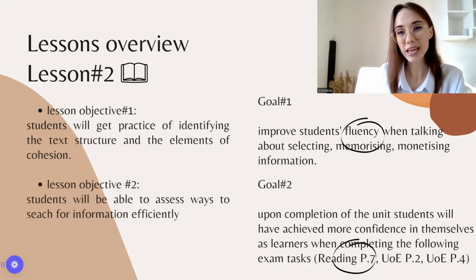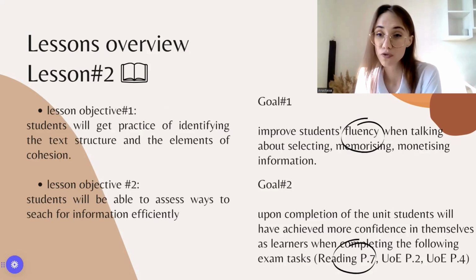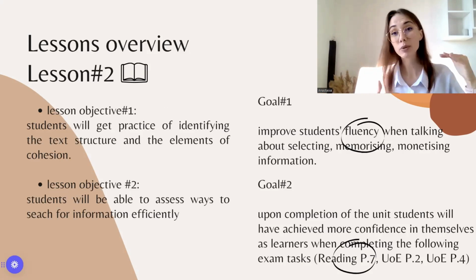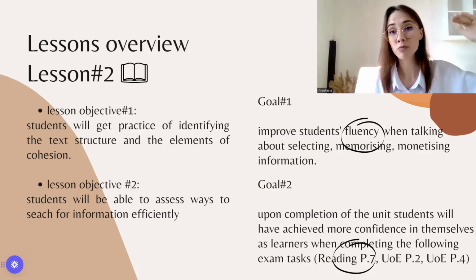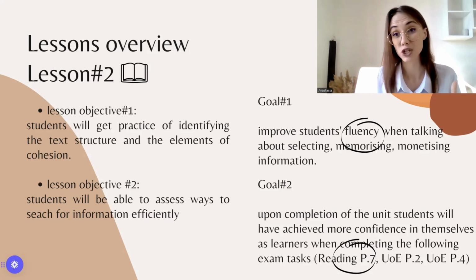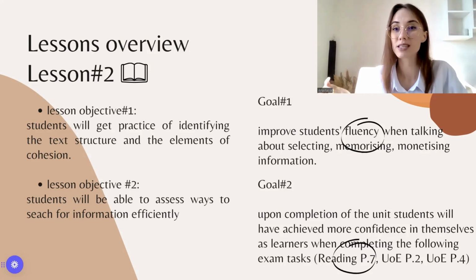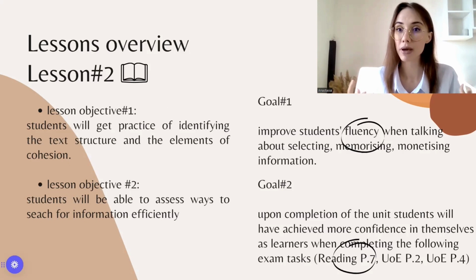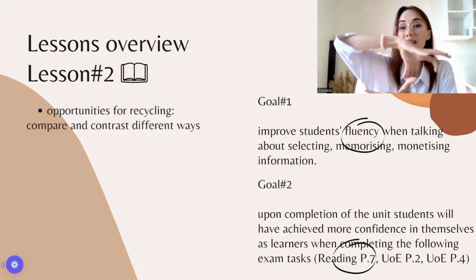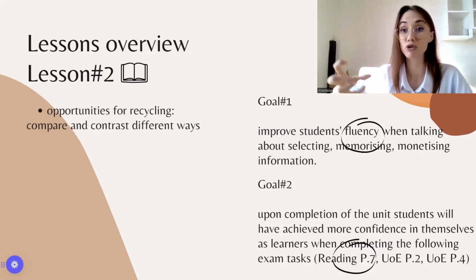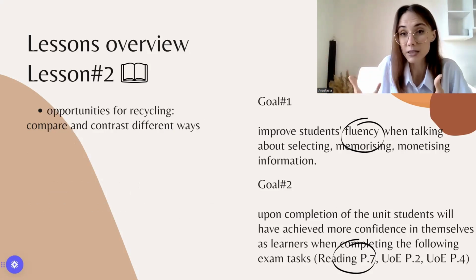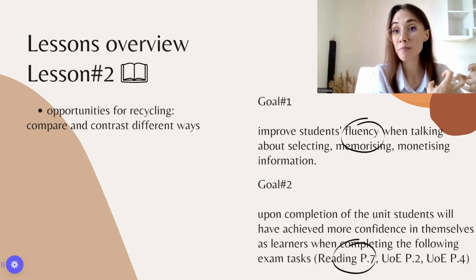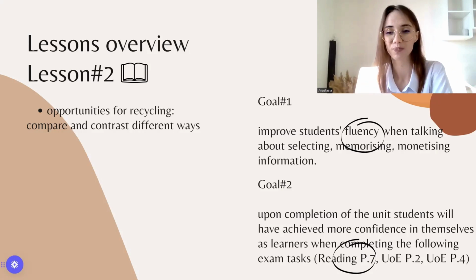So since we're talking about ways to search for information efficiently, probably there will be a list and enumeration of different things that you can do, like tips, do this, this, and that. It is also about assessing ways, right? It's comparing and contrasting. So I really surround my students with this language as much as I can, like something new. And also I try to marry the old with the new.